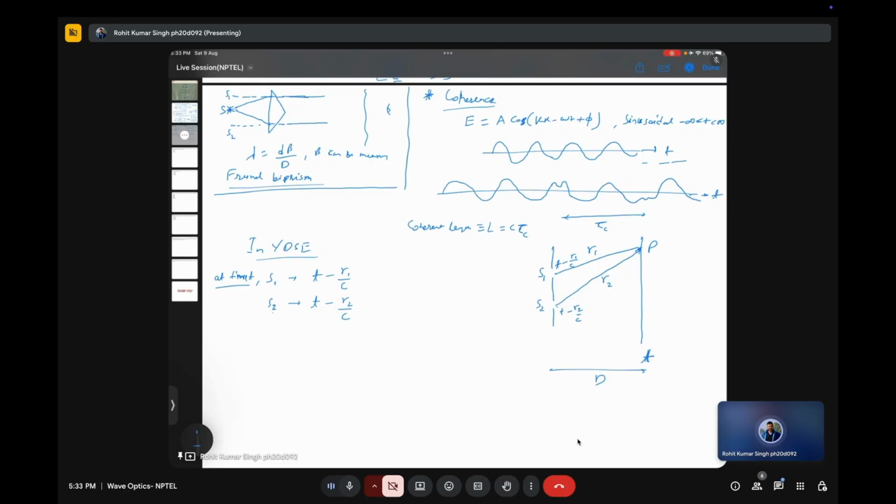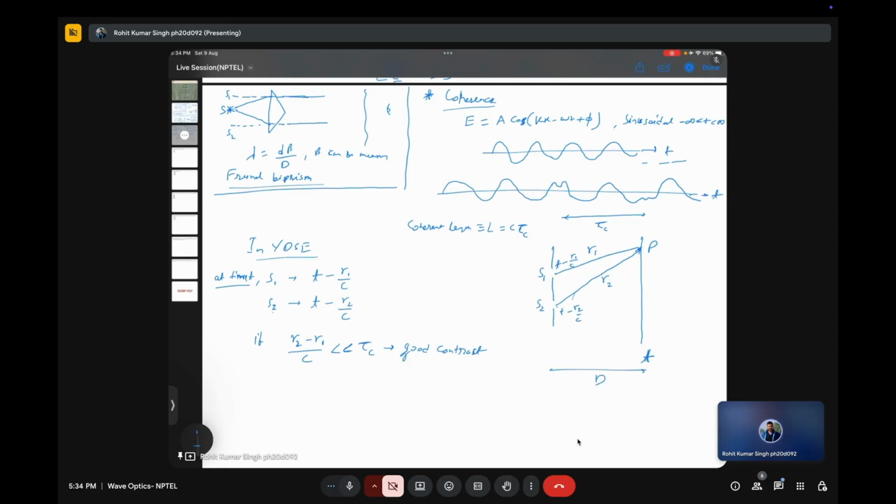Now the condition is that if R2 minus R1 by c, which is just delta t, right, the time difference between these two times, is less than the coherence time of the light source that we are using, we can say you will have good constructive or destructive interference, good contrast you can observe of the fringes.